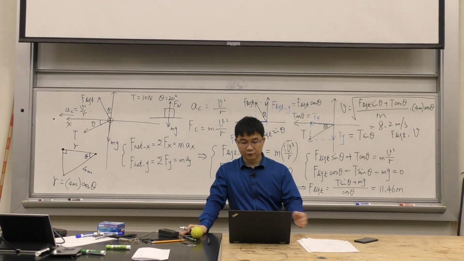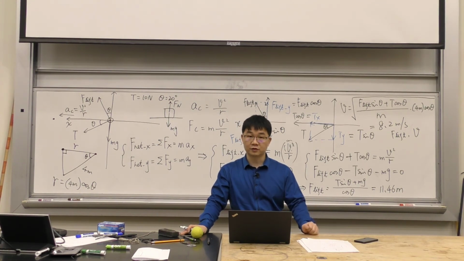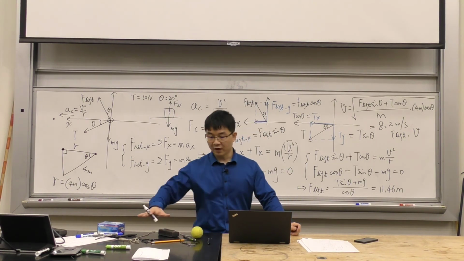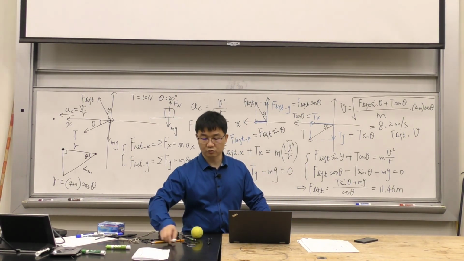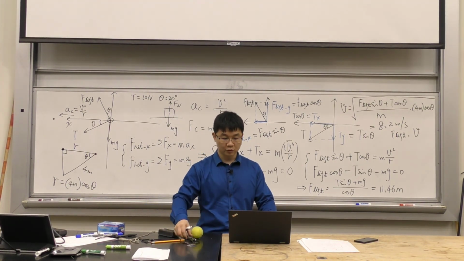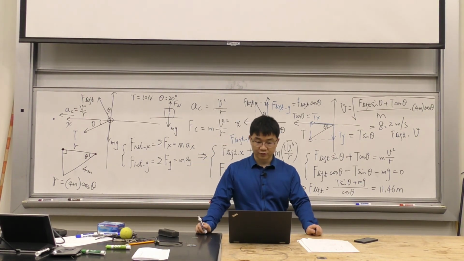Friction force is another force that can come from a surface. The direction of the friction force is always parallel to the surface. But again, that doesn't make the direction unique. For example, if I have a surface like this, parallel to the surface, the friction force can still go this way, or that way, depending on the motion. So how do you find the right direction of the friction?